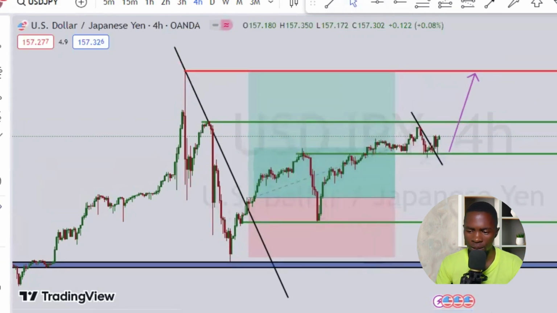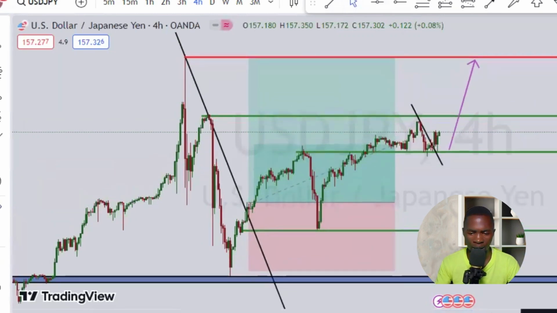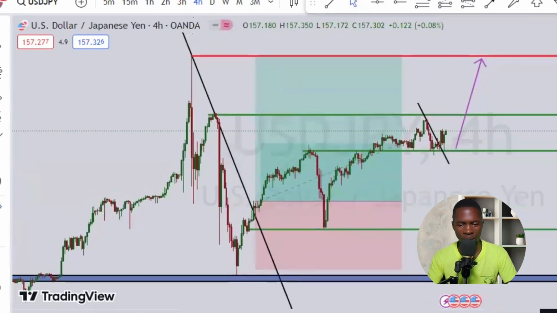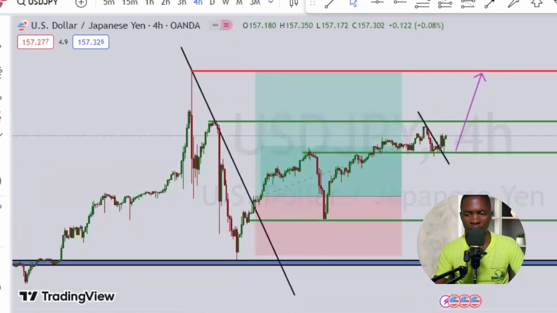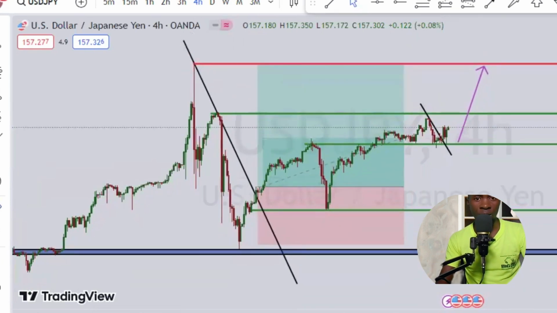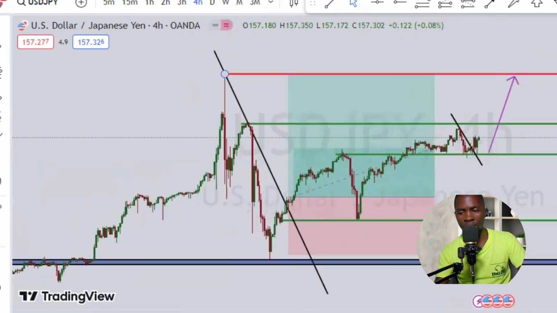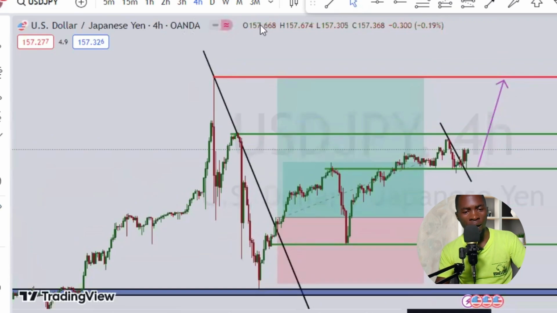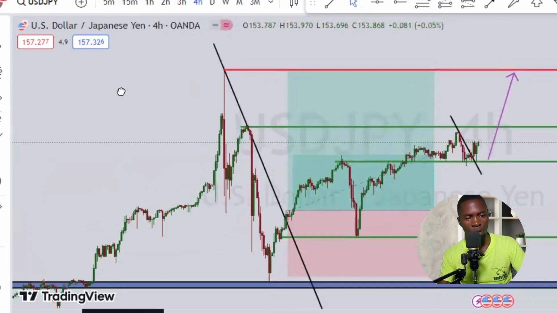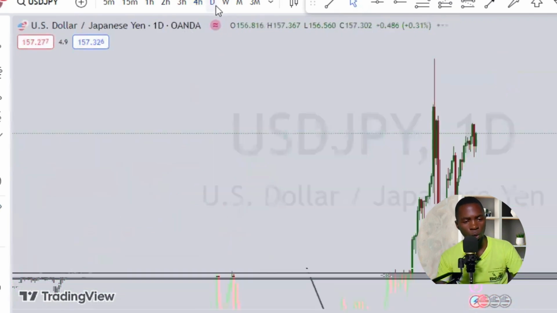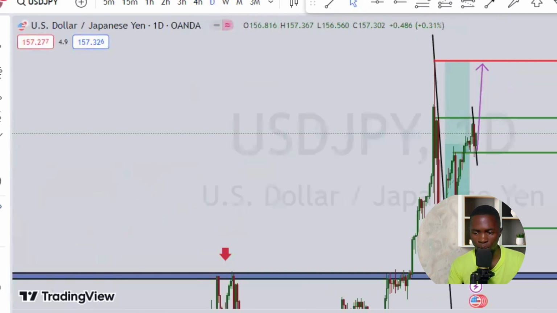So out of all, this is one of the good trades. I started from here from the beginning. I explained everything on my previous charts, and now the trade has formed a good setup and is in good profit. So that's all about USD JPY.